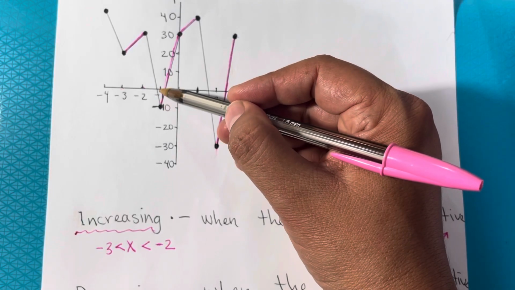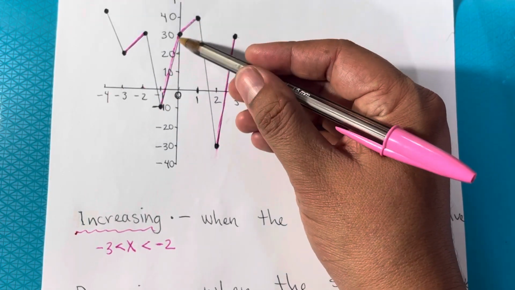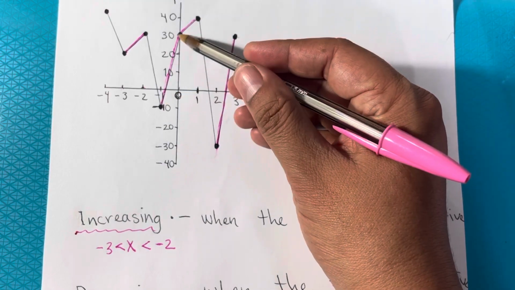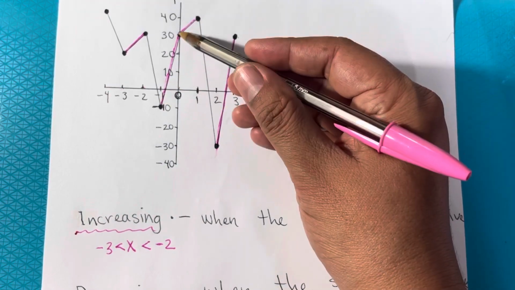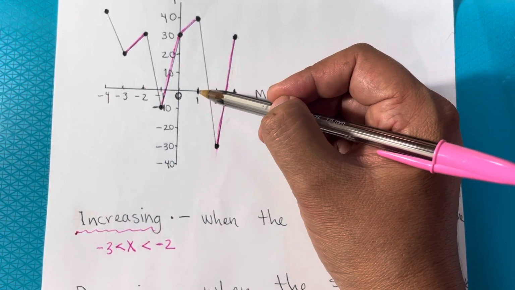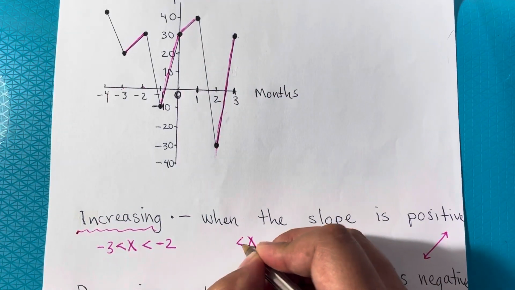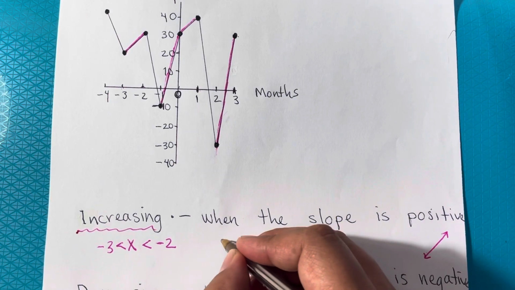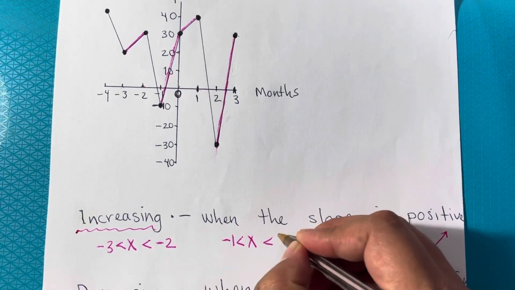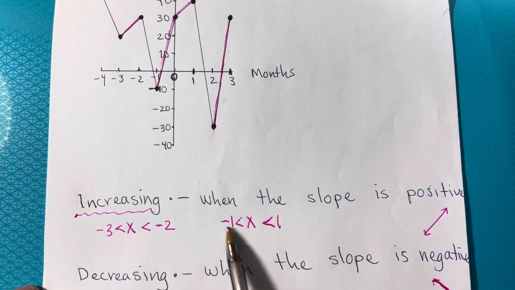From here, again, for x is -1, it continues to grow at a different pace in here and in here, but it's still growing. So between -1 and +1. So the other section where it's increasing is when x is greater than -1 and less than +1. Again, it just means it's increasing between those 2 points.